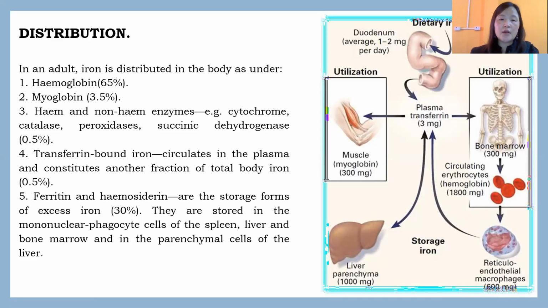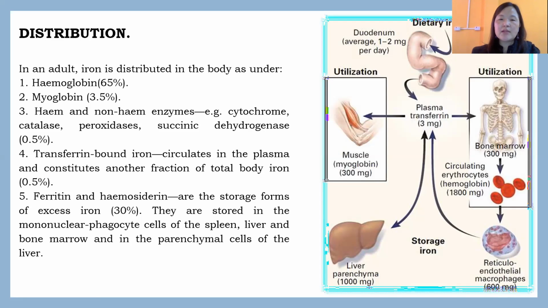In the functional pool, we have hemoglobin, myoglobin, heme and non-heme enzymes, and transferrin. Hemoglobin is a protein inside the RBC which contains the maximum amount of iron, around 65% of the functional pool of iron. Myoglobin is the iron in the muscle, around 3.5%.